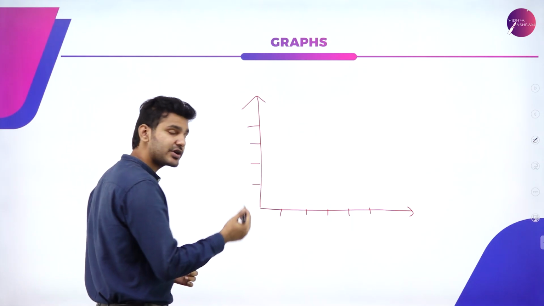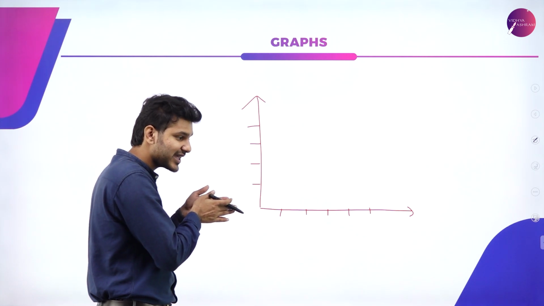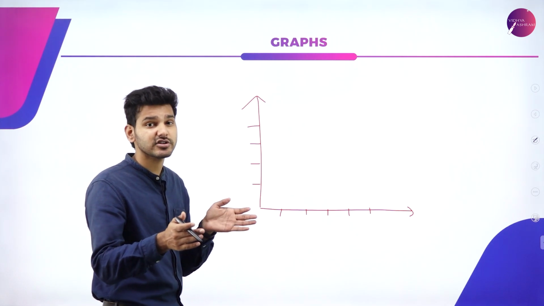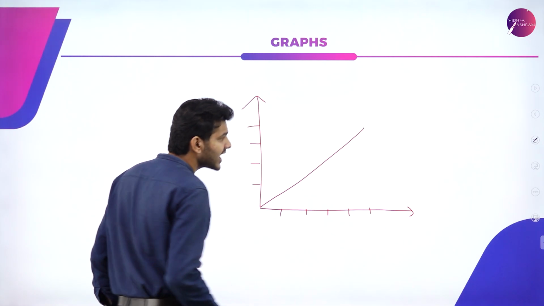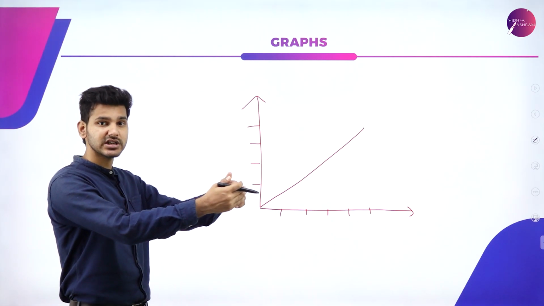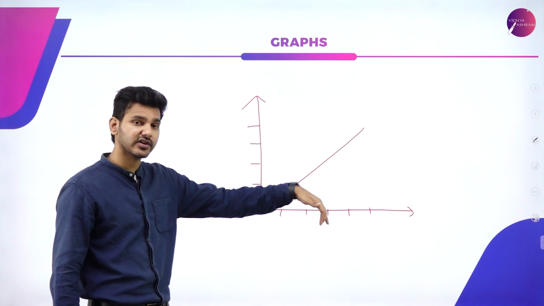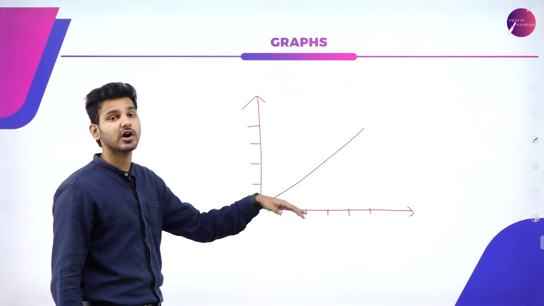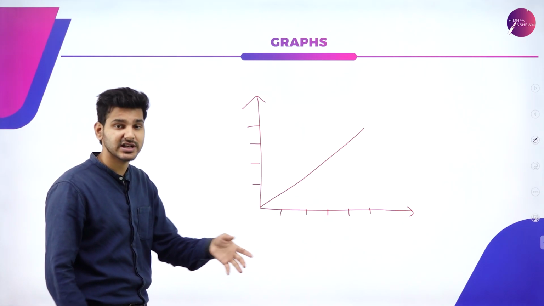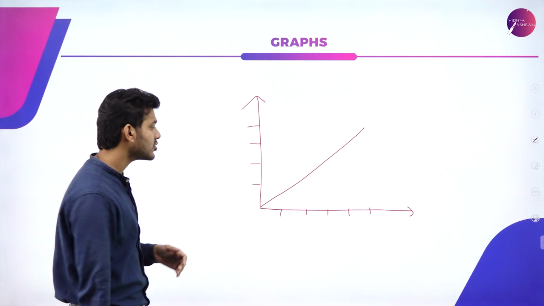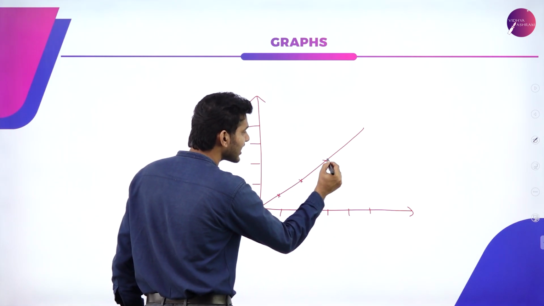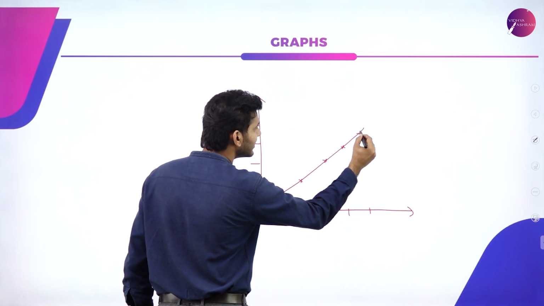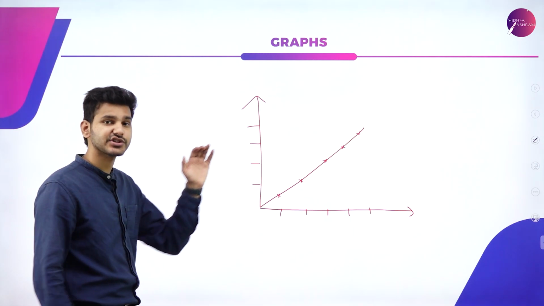So at that particular instant, the bus is moving at a constant speed or constant velocity, which means if I measure the distance covered by that particular bus, it will be constantly increasing. At every interval of time, the increase in distance will also be directly proportional. It will be equal. So we can say that the increase will be like this. It will be plotted as a straight line.